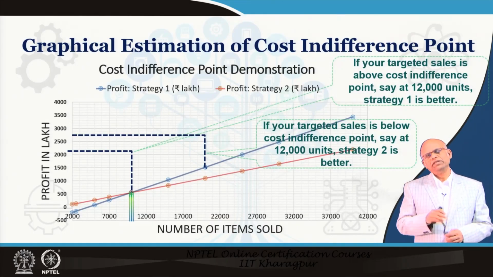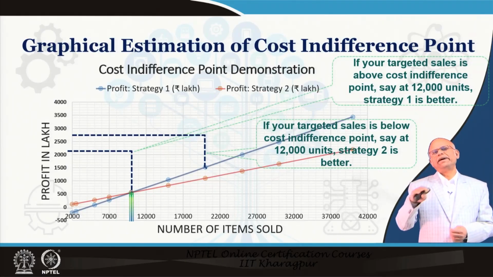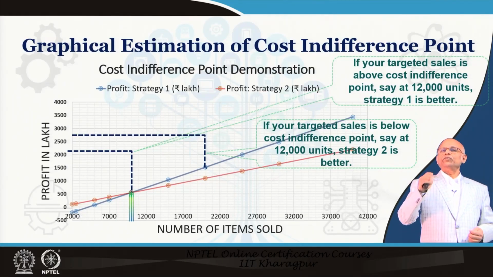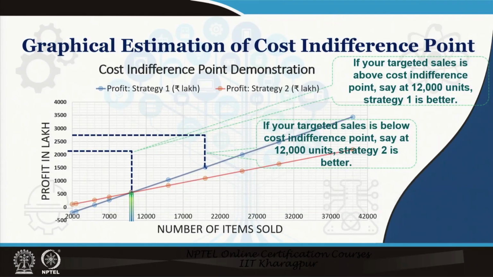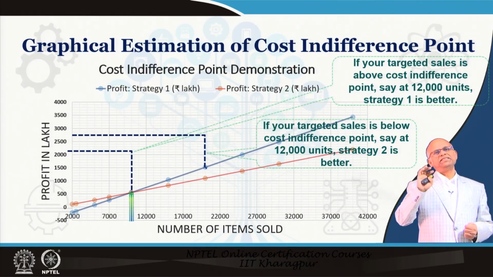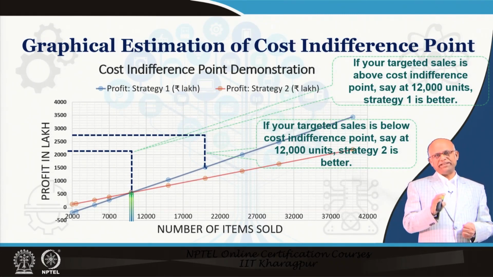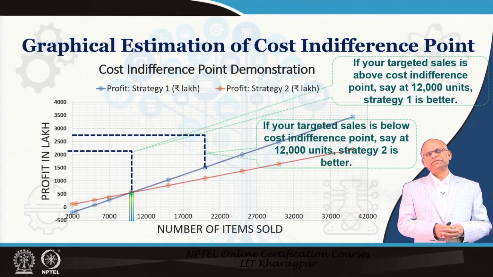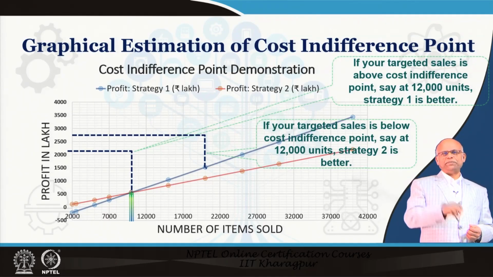Whereas the blue line has a higher slope. We can presume that it has high operating leverage, high fixed cost, low variable cost. Why so? Because the profit or marginal profit is increasing at a larger rate compared to the orange line. For every incremental unit, this is going up.